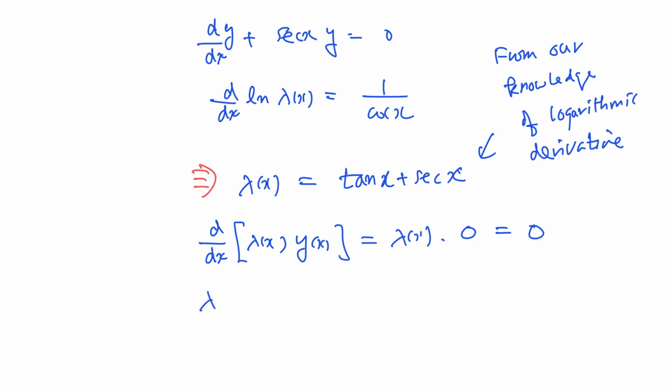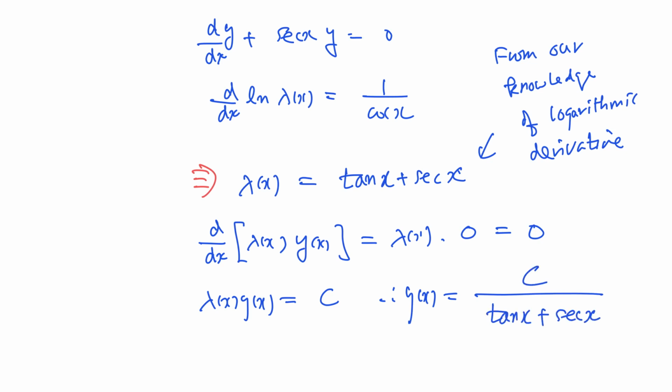So lambda(x) y(x) is some constant. So y(x) is c over tangent x plus secant x.